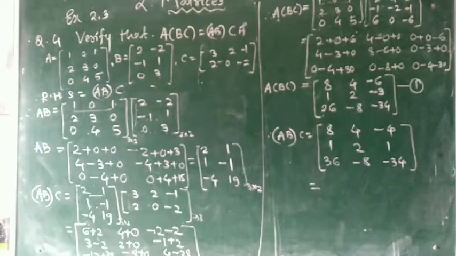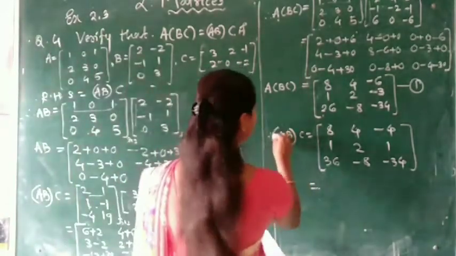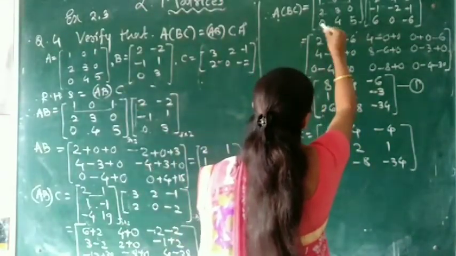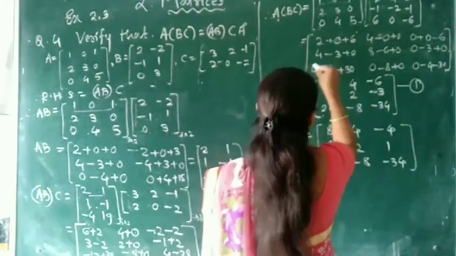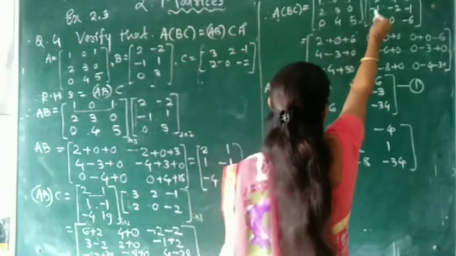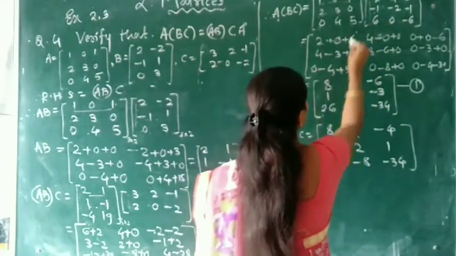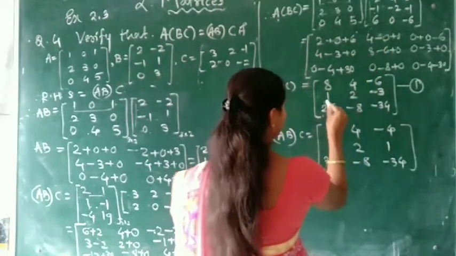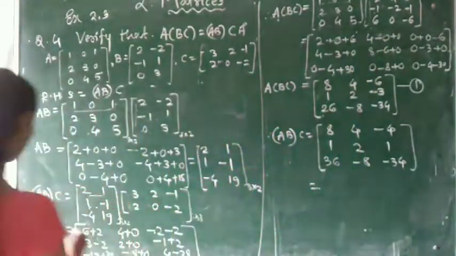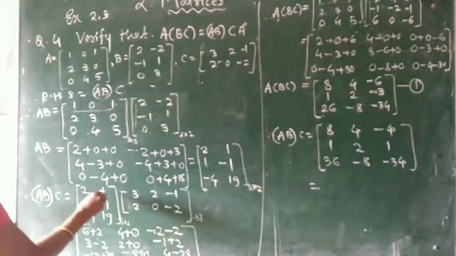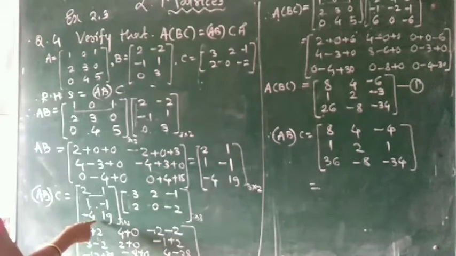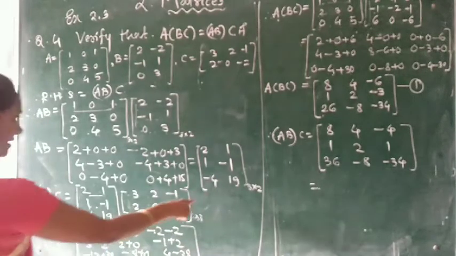So check this value of the matrices, here 0, 4, 5. First value 0 into 2, that is 0, 4 into minus 1, minus 4, and here 5 plus 6, so it is 26 here, not 30. So we have to check this value here. What is this value? Minus 4 and 19, which is again correct.